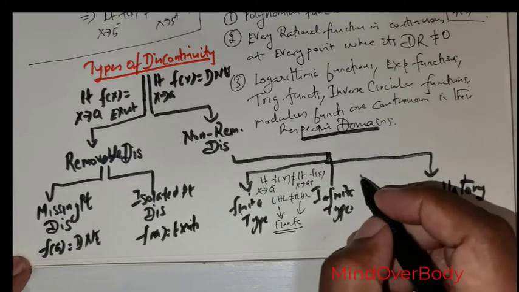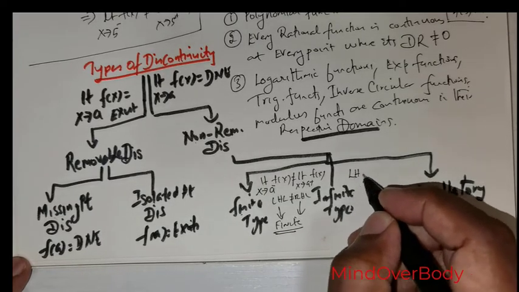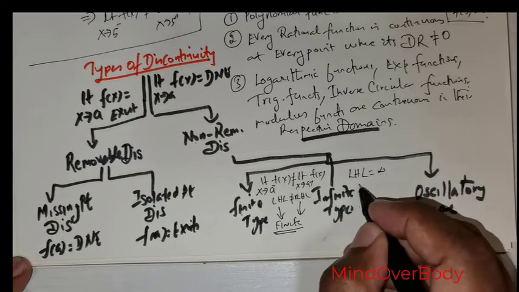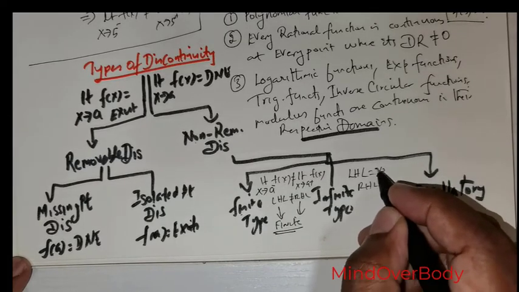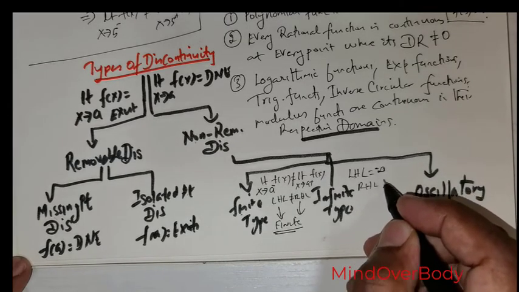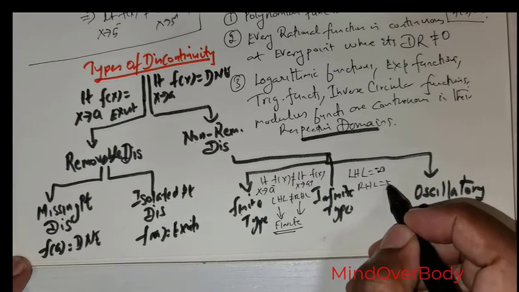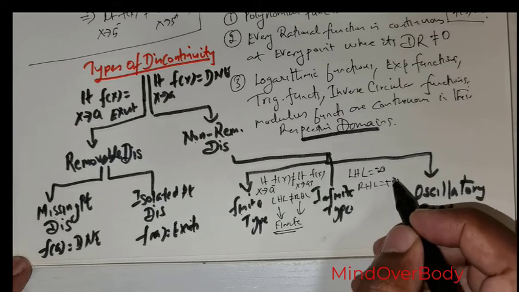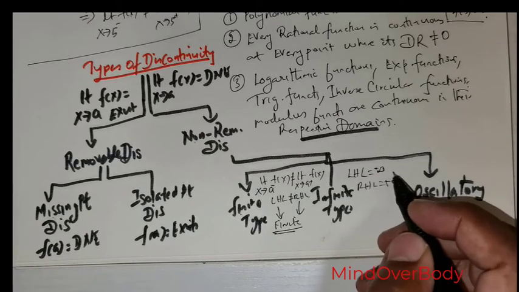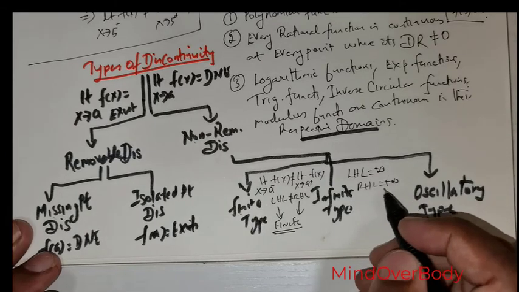Now coming to the infinite type, either the left hand limit or the right hand limit, say the left hand limit produces negative infinity, or in this case the right hand limit produces positive infinity. It can be anything else. So I'm just taking for an illustration negative infinity for the left hand limit and positive infinity for the right hand limit.